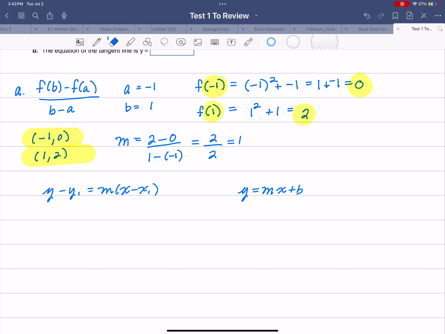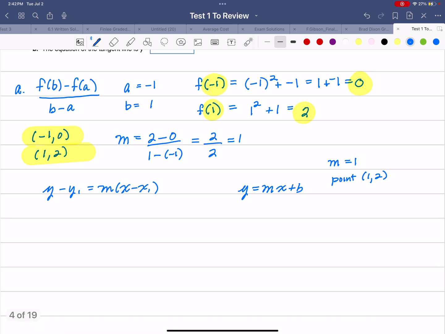Now, when you're writing the equation of a line, you need a slope, which we have of 1, and a point, and I'm going to call our point 1, 2. I'm going to use the one that doesn't have a negative in it. It doesn't matter, you get the same answer. So my y is 2, my m is 1, my x is 1, but I don't know b.